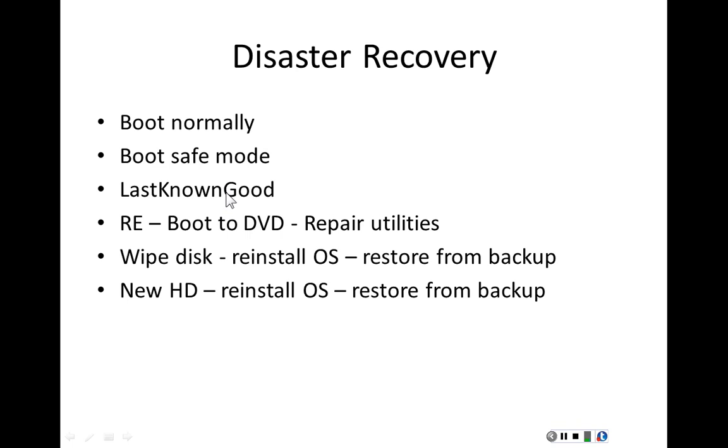If we can't boot to last known good, then we boot to Windows RE, the recovery environment, and try to use the repair utilities to repair the operating system. And if that doesn't work, we wipe the disk and reinstall the operating system. And if wiping the disk doesn't do it, then it's time to get a new hard disk and to perform a restore from backup.